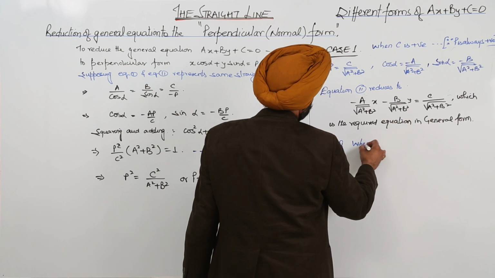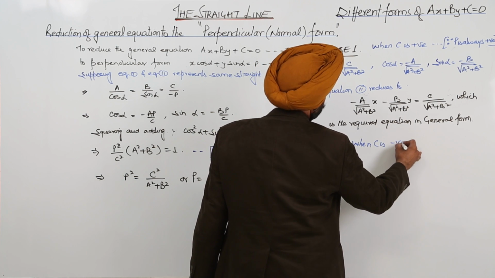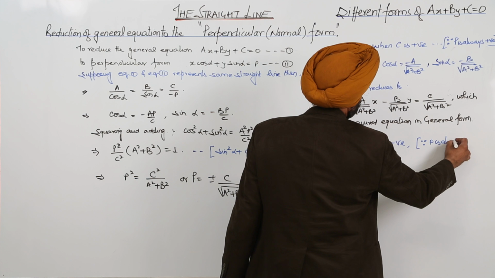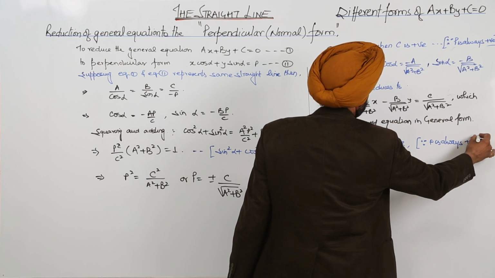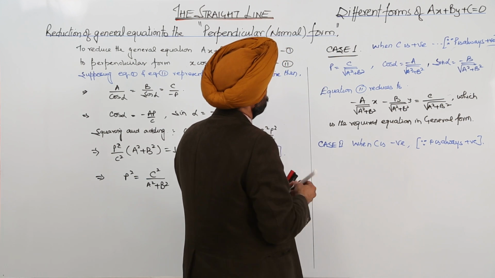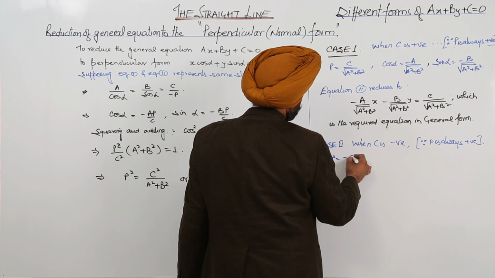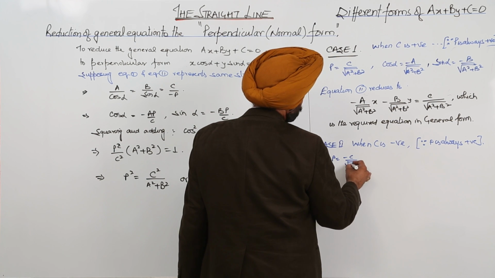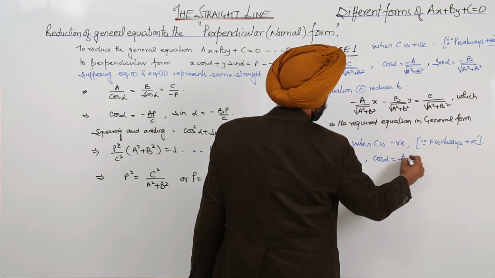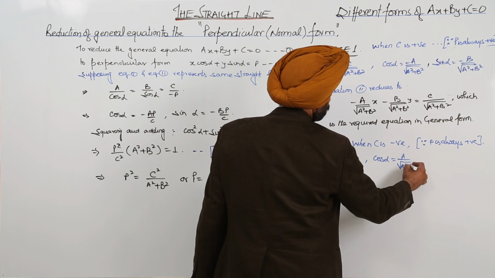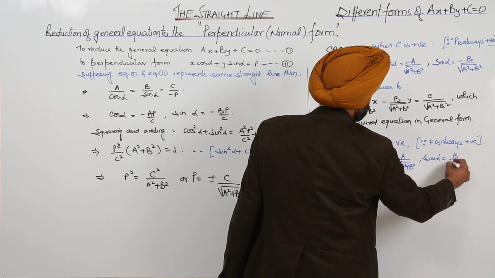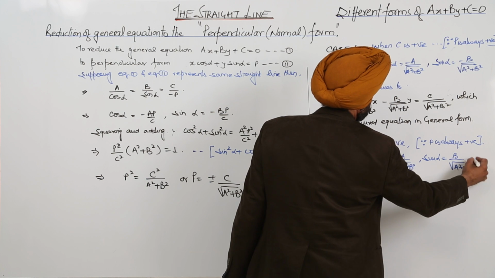Now case 2. Case 2, when c is negative, p is always positive. Now here p is equal to negative of c upon square root of a square plus b square. Here cos alpha becomes a upon square root of a square plus b square, and sin alpha becomes b upon square root of a square plus b square.